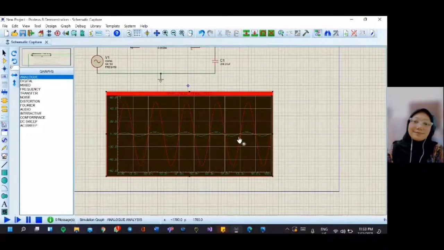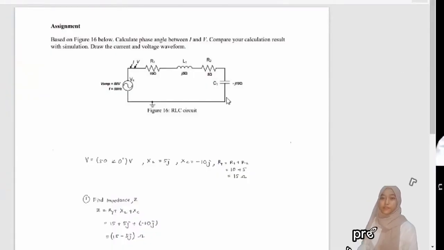Thank you. Okay, for this question, we need to calculate the phase angle between I and V. First of all, we need to find out the information given from the circuit, which is for V, we know it is 50 volts and the angle is 0 degree because the question does not give us any angle to use.